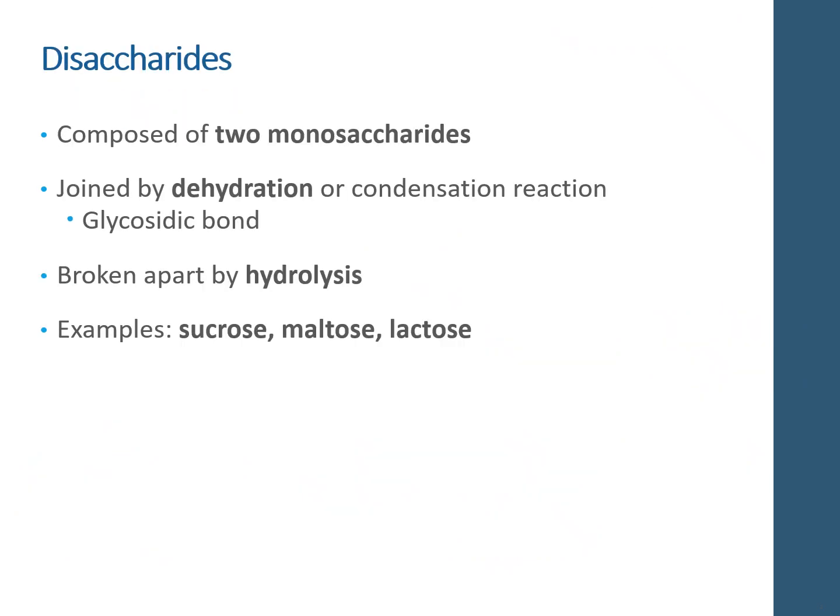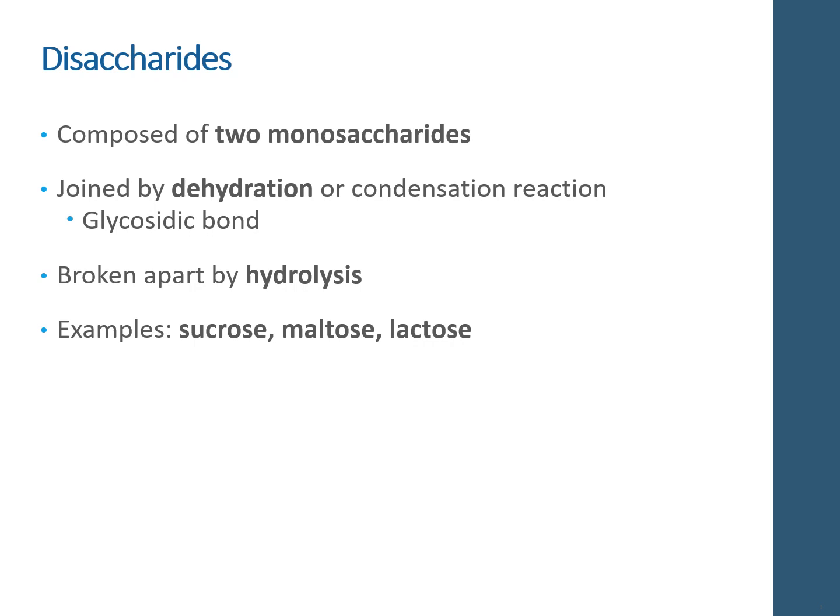By linking two monosaccharides together, we can produce a disaccharide. In other words, a molecule made up of two individual sugar molecules. To produce a disaccharide, we're going to join these molecules by a dehydration reaction. Dehydration reactions can also be called condensation reactions, so you may see that in your textbook as well.